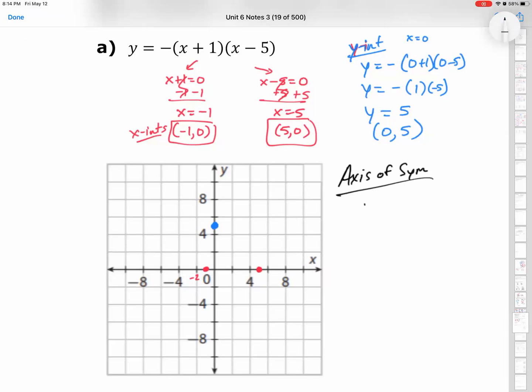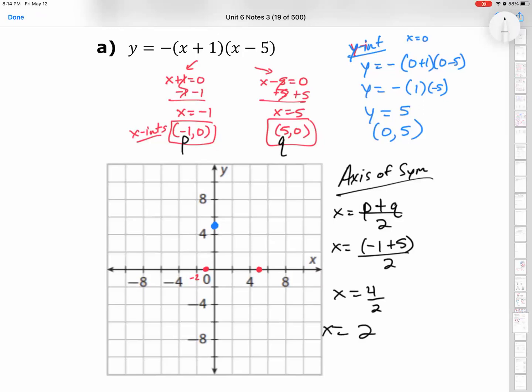To do that, we're going to take our p plus q and divide by 2, because we're finding the average of it, and this is x equals that value. So x equals, our p is this, q is this: -1 plus 5 divided by 2. That's 4 divided by 2, which is 2. So our axis of symmetry is x equals 2.